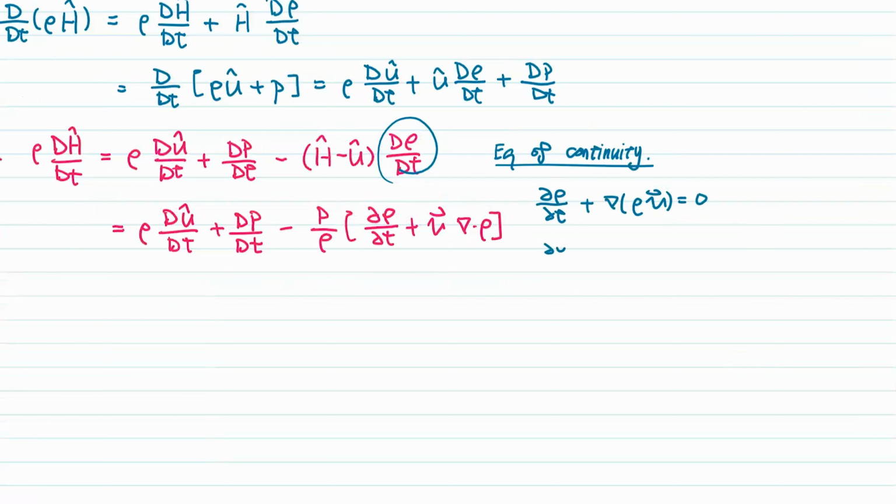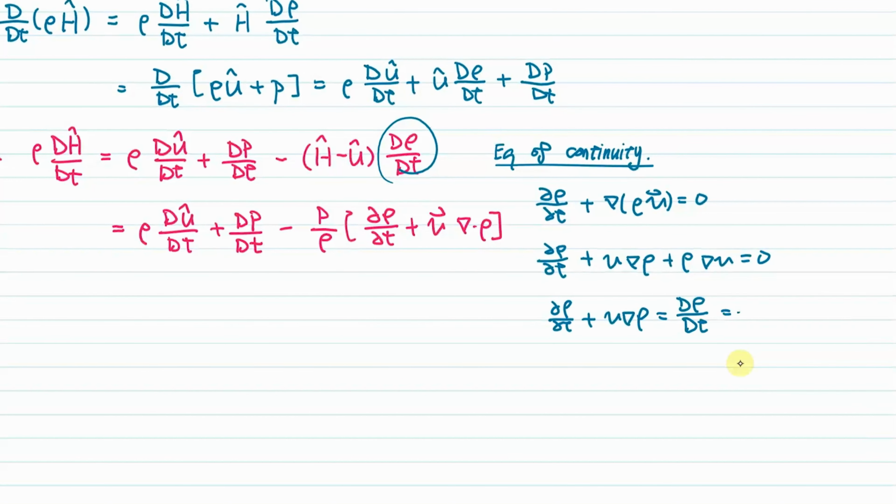So that means partial rho partial t plus v dot gradient of rho plus rho times the divergence of v equals 0. So partial rho partial t plus v dot gradient of rho equals the substantial derivative of rho, and equals negative rho times the gradient of v.